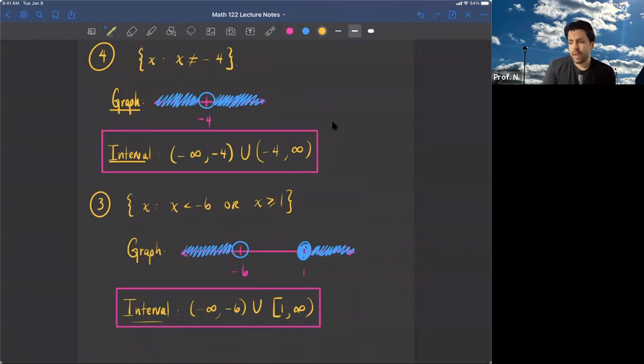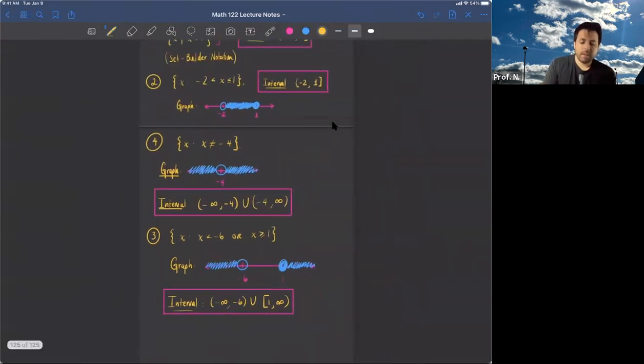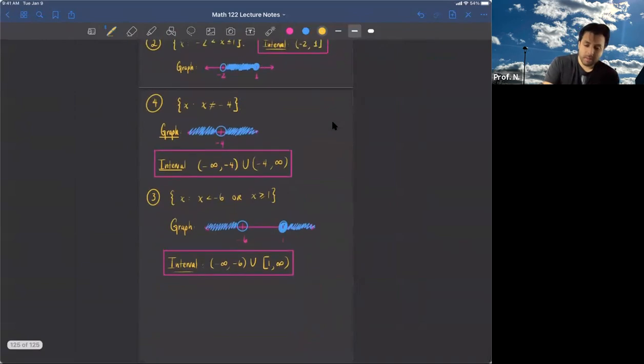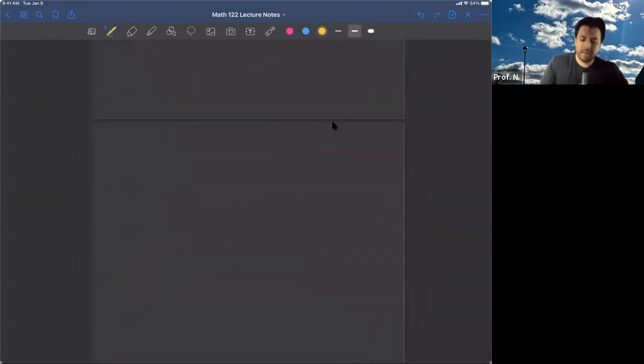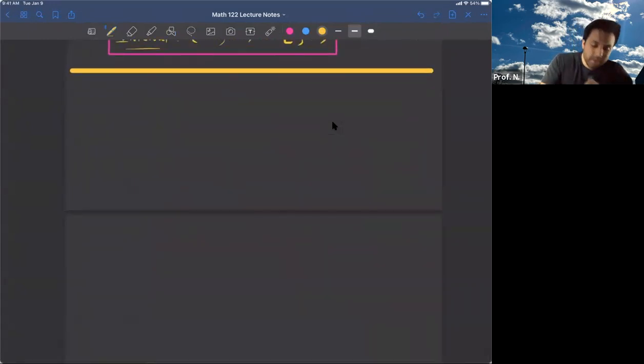then I left you number 5 to do on your own. So now let's go to simplify fractions. Let's do simplify fractions here. Simplify compound fractions.